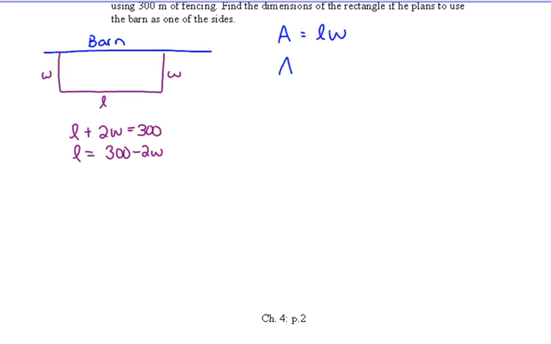So our area equals our length, 300 minus 2w, times our width of w. And before we differentiate, simplify it. So now our equation is relating area with width. We're comparing area to width. So we're going to differentiate with respect to which variable?